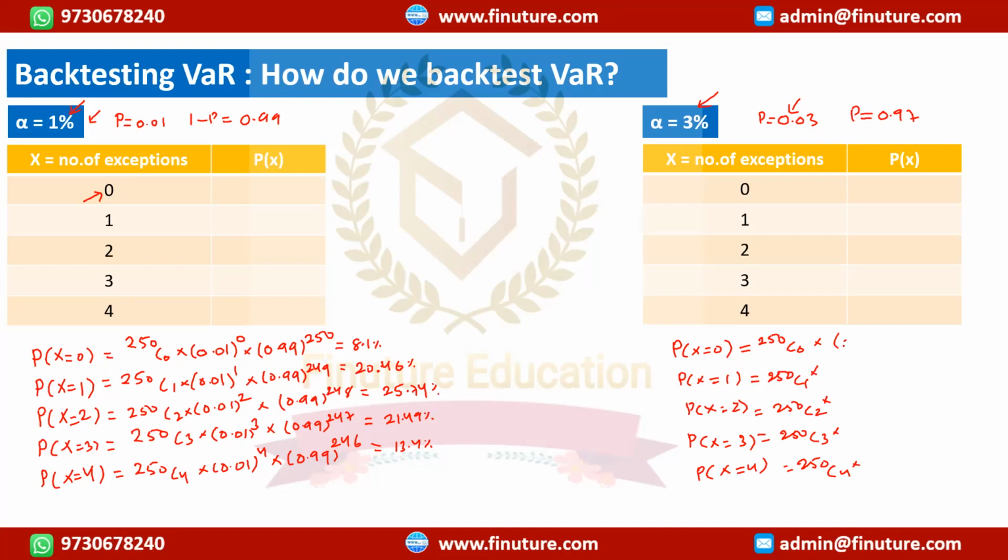So 3% over here, 0 faulty models, 0.03 over here, 4 faulty models. Likewise, instead of 99%, now we have 97%.